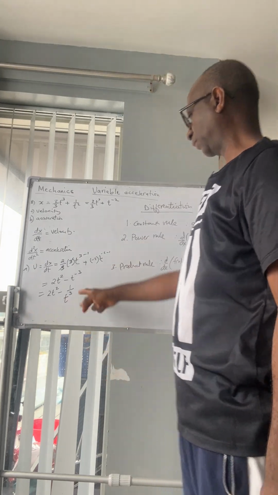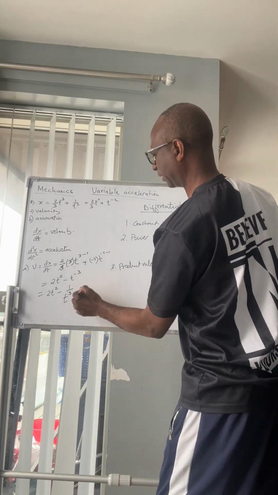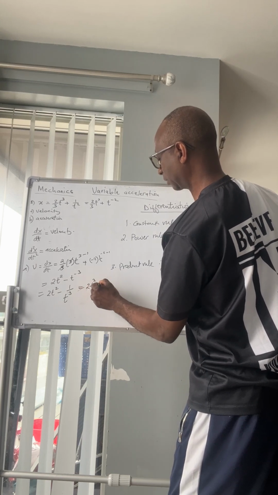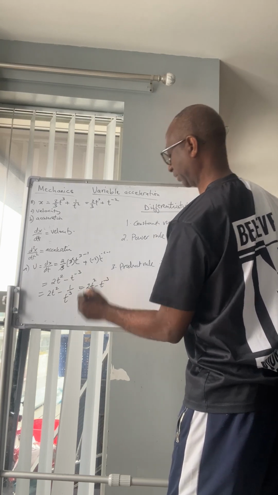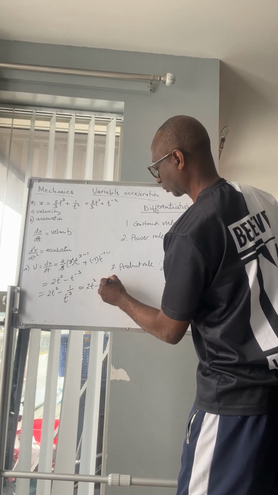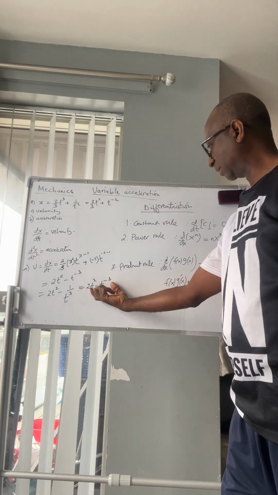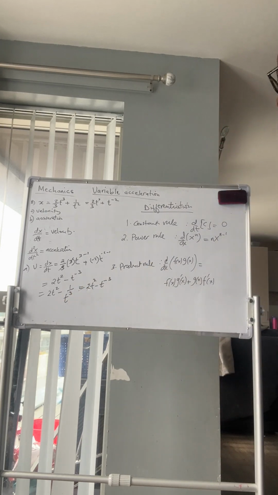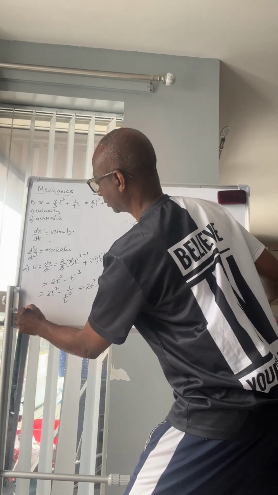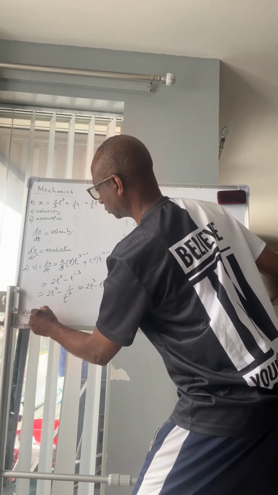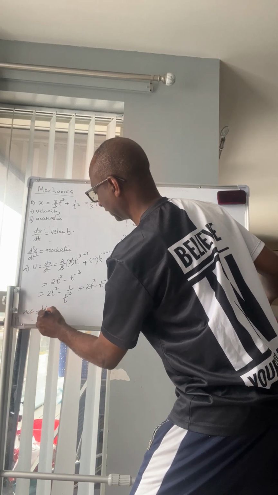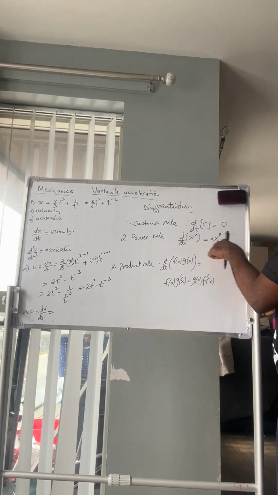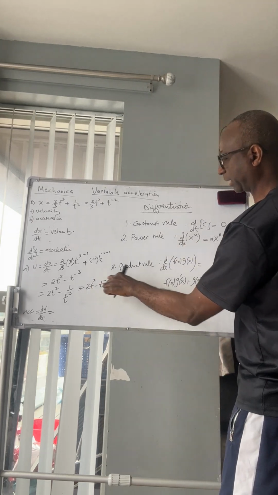So to find acceleration from here, again, it's a good idea to write this equation as 2t to the power of 2 minus t to the power of minus 3. When it's like this, it's much easier using the formula directly than in a fraction. So now acceleration is equal to dv by dt. We are differentiating this one. I'm using the power formula, because there's power here, power here, power here.